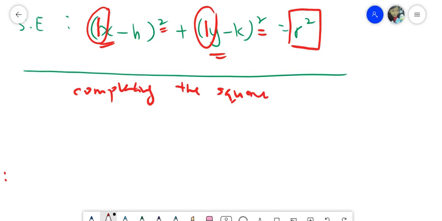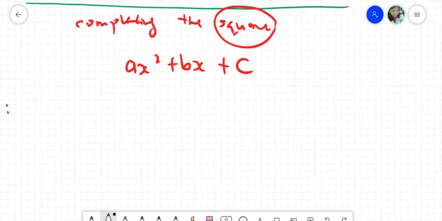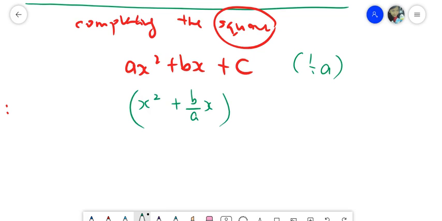You already know that square means your quadratic equation or expression. First of all, you may need to divide everything by a. So it means that you have your x squared add up with b over a times x.